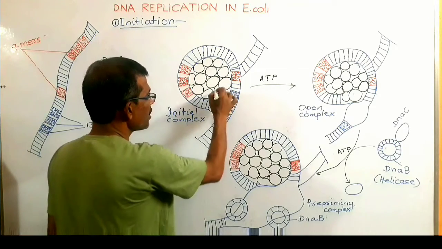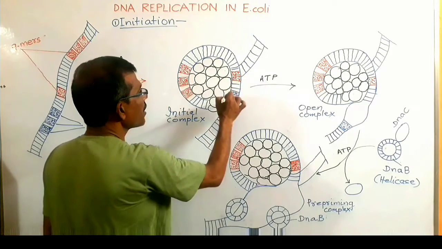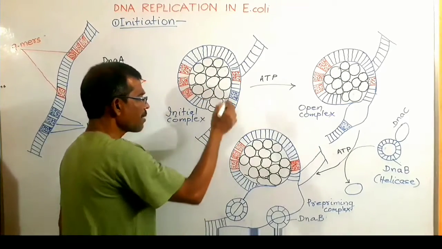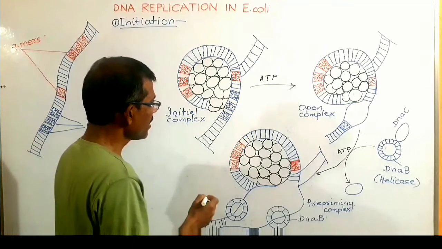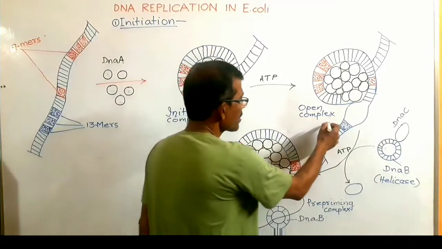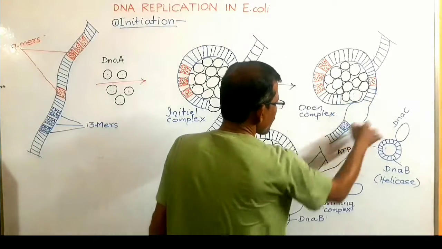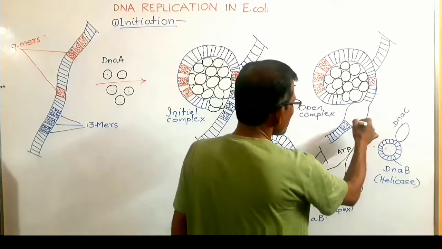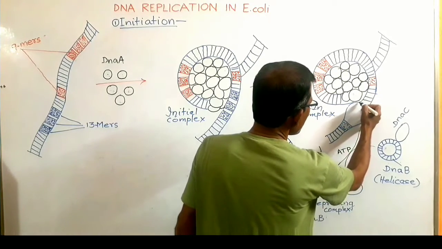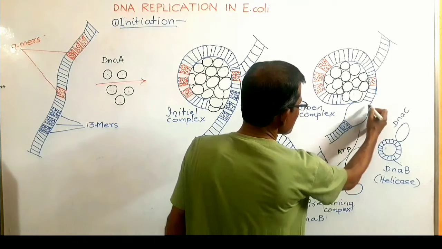In this diagram you see the DnaA proteins, and around them the DNA is wrapped. The binding of DnaA protein and ATP triggers the unwinding of the 13-mer repeats, thereby causing the formation of an open complex. This is the open complex, and you see the 13-mer repeats have been opened.